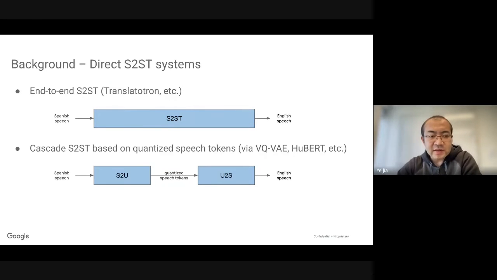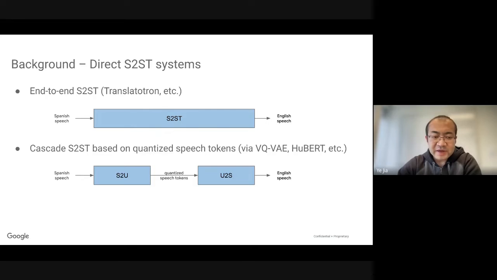And more recently, there are a few works exploring speech-to-speech translation without relying on intermediate text representation. It's called direct speech-to-speech translation. There are two major approaches. The first one is end-to-end direct speech-to-speech translation. So there will be a single model that takes Spanish speech as input, and directly translates that into English speech.